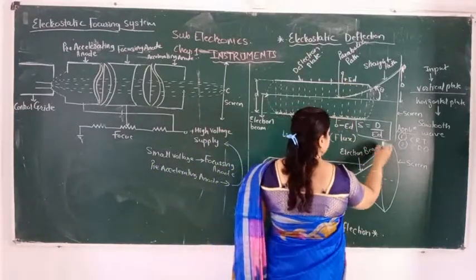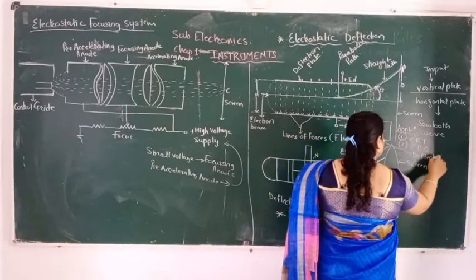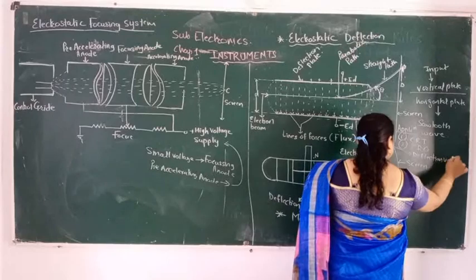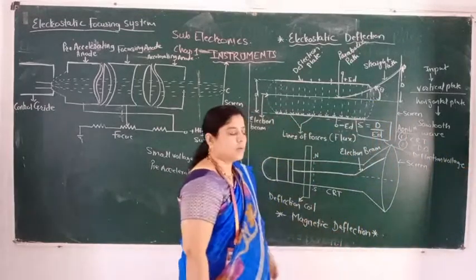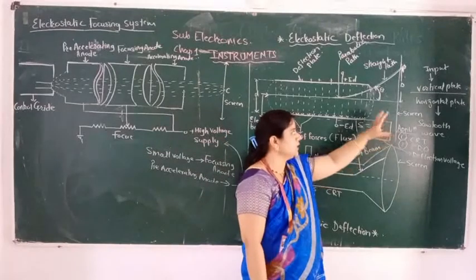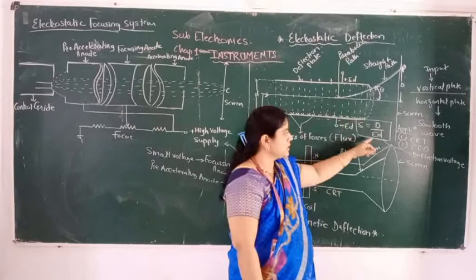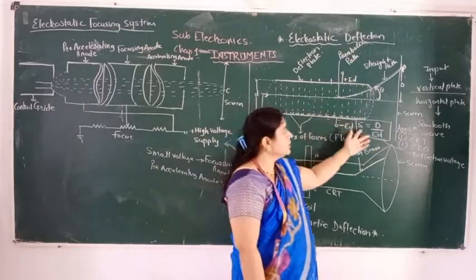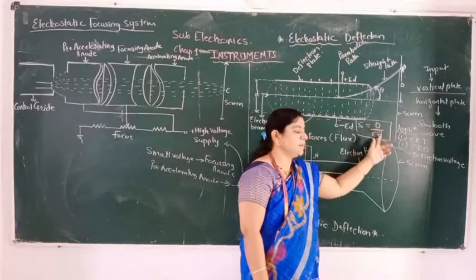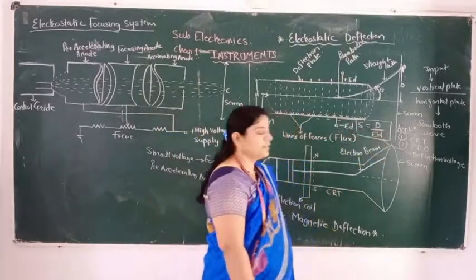So this ED is the deflection voltage. How much voltage is applied to the plate, upon the deflection? Total deflection divided by the supply applied to the plate is called the sensitivity. Sensitivity can be calculated by the formula S equals D upon ED. D is the deflection, and ED is the deflecting voltage.